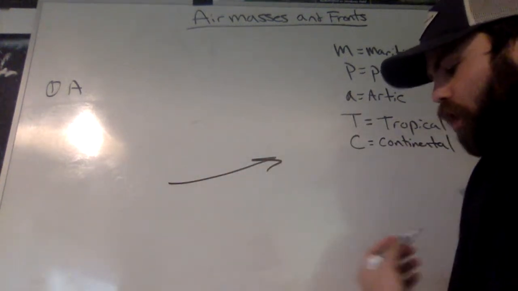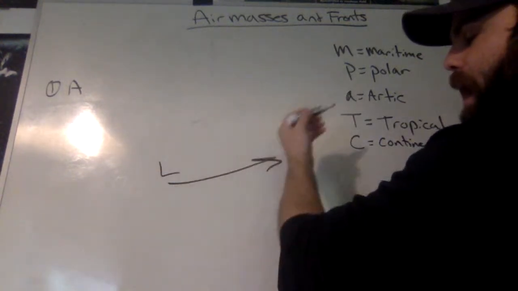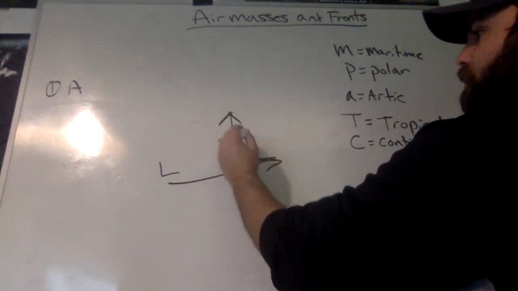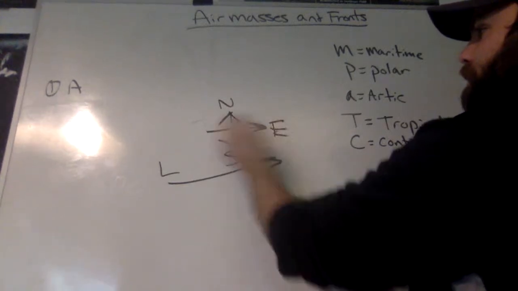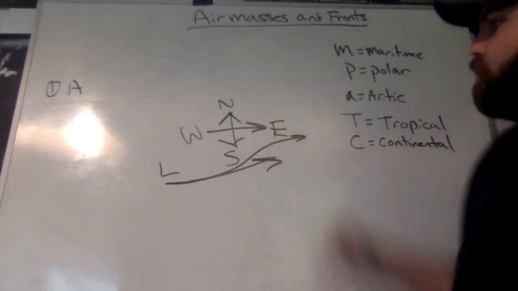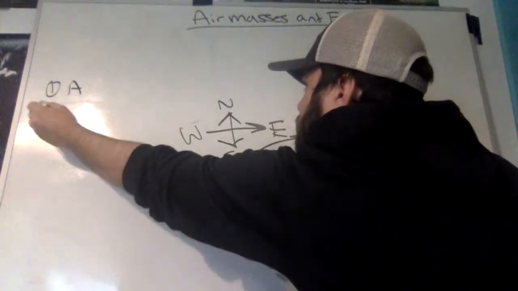If we have a low pressure system, and we make our little compass with north, south, east, and west, it kind of goes up like this. So it's going to be northeast. For number two, it's going to be D.